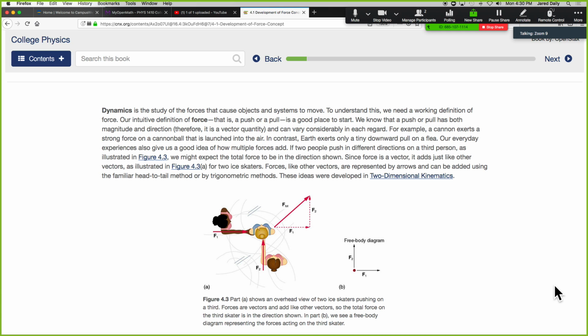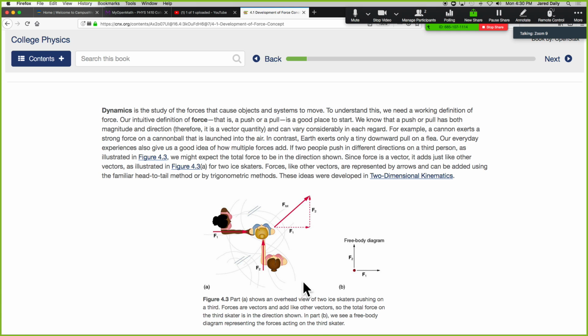And we have this little drawing here from above, these 3 ice skaters, and you can tell they're ice skaters because there are scratches on the ice below them, right? We have 2 in pink, 1 in blue, and the 2 pink ice skaters are pushing on the blue ice skater. One of them is pushing the ice skater to the right. The other is pushing the ice skater upward on our screen, right?